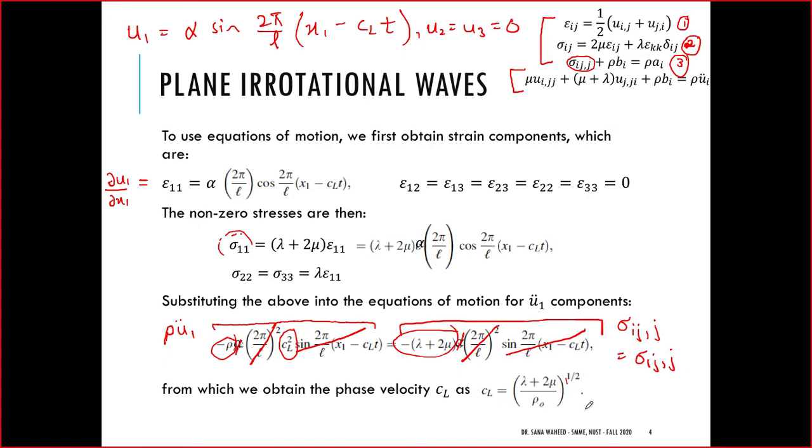And if you notice, this was the same constant we got when we directly used the Navier-Lame equation, where we had d squared u1 by dt squared equals something I had written as a, and this is basically the square of that a.